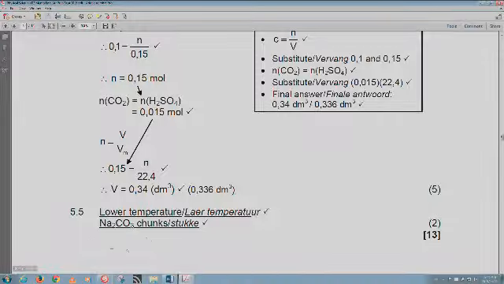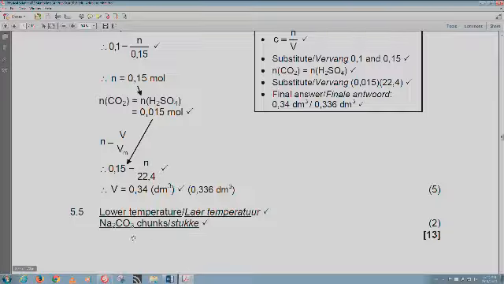For the answer sodium carbonate chunks, any indication that the sodium carbonate that was used has a smaller surface area, then the answer there would be correct. So sodium carbonate chunks are there.